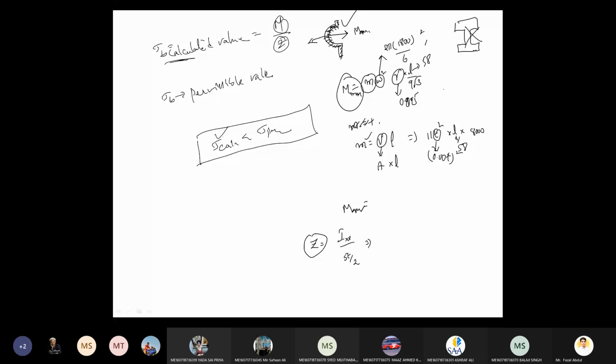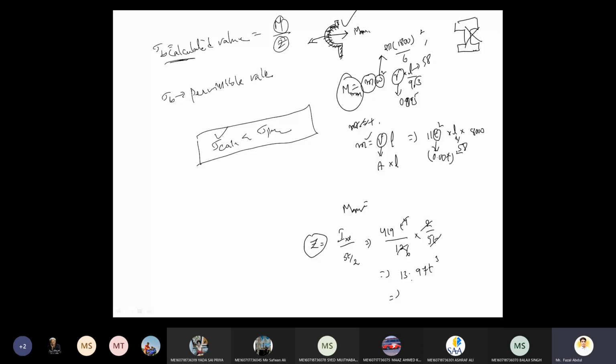Okay, and Ixx we calculated 419 t power 4 by 12 into 2 power 2 by 5t. So now 13.97 t power 3.